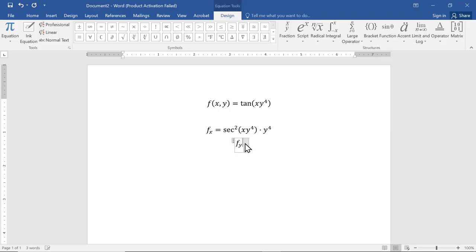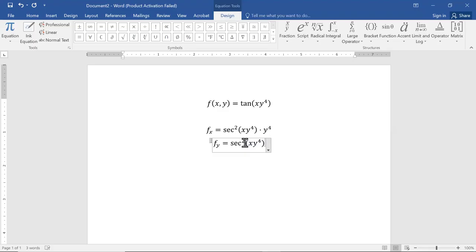My f sub y, well, again, y is inside the argument of tangent. So the derivative of tangent is secant squared of x, y to the fourth.